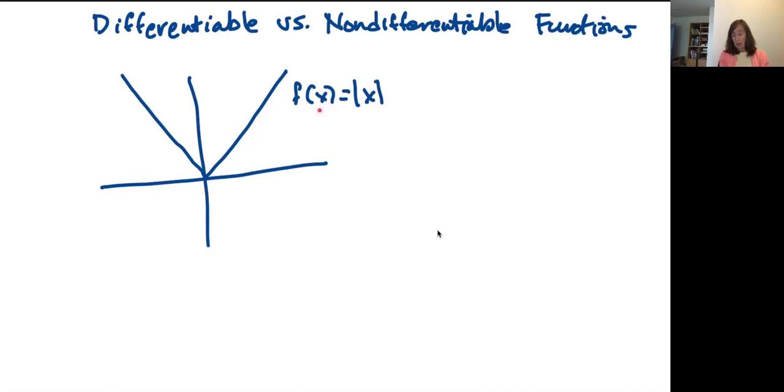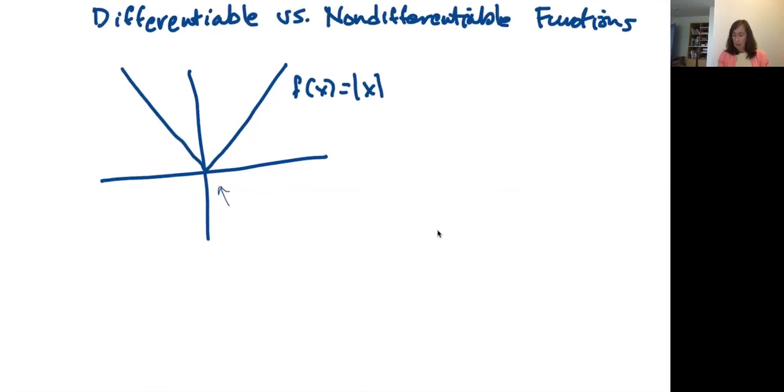When x, the argument, is less than 0, then y equals negative x. Absolute value has a point right here where it is not differentiable.